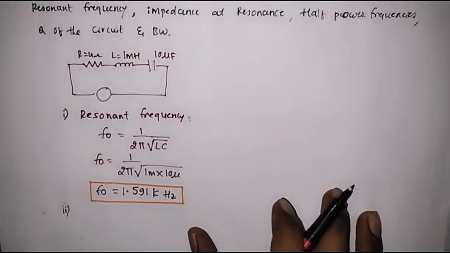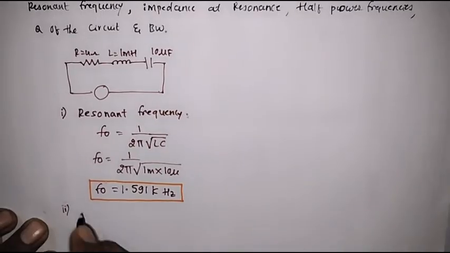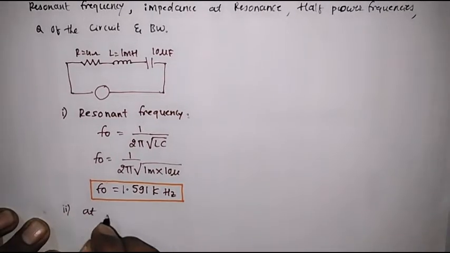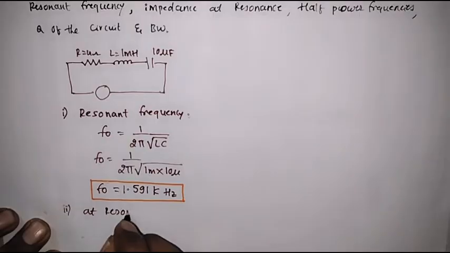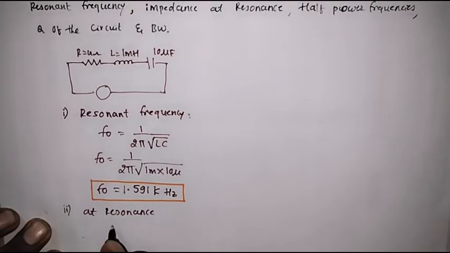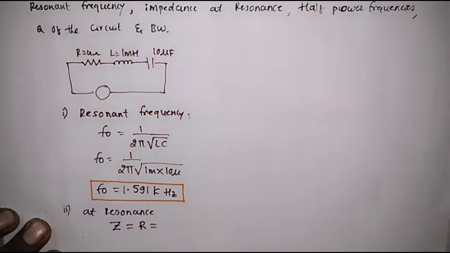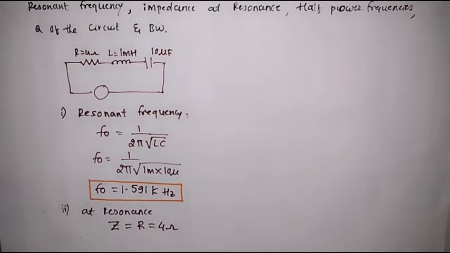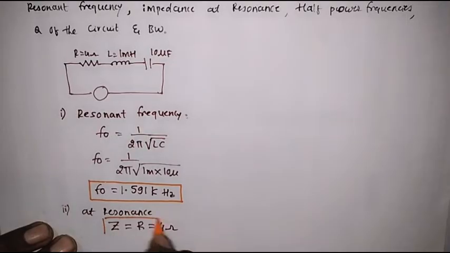Therefore, in series RLC circuit, at resonance, impedance of the circuit Z is equal to R. Therefore, Z is equal to the value of resistance, that is nothing but 4 ohm. This is the impedance at resonance.